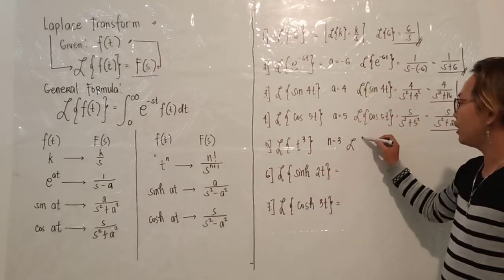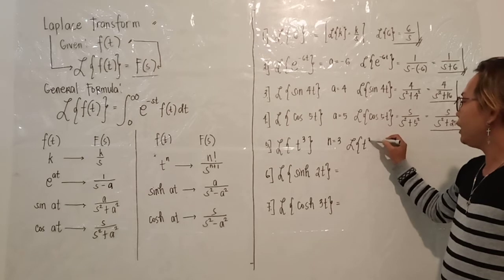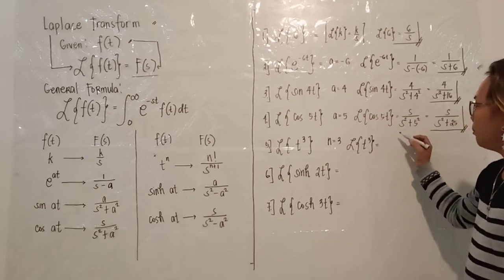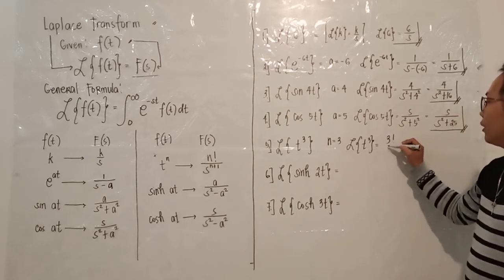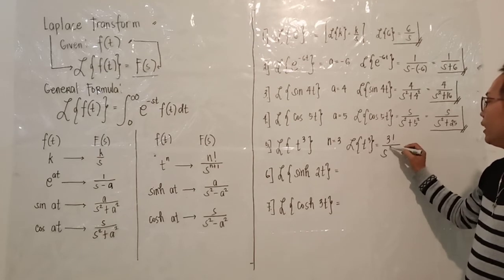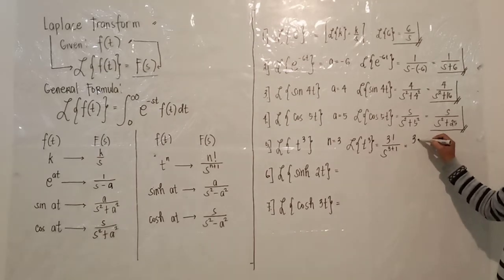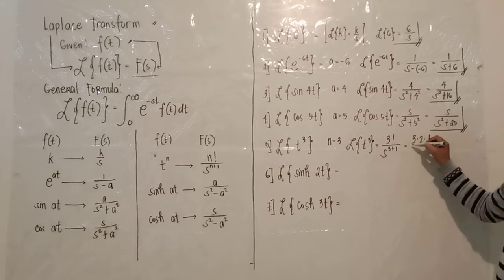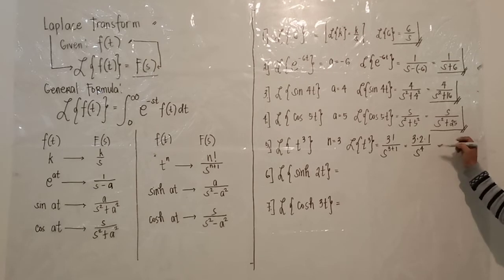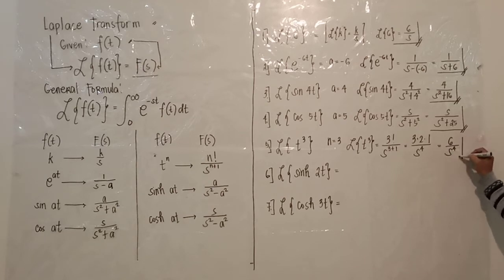So the Laplace transform of t cubed is simply 3 factorial over s raised to 3 plus 1, or simply 3 multiplied by 2 multiplied by 1 over s raised to 4. And that is 3 times 2 is 6 times 1 is also 6. You will have 6 over s raised to 4.